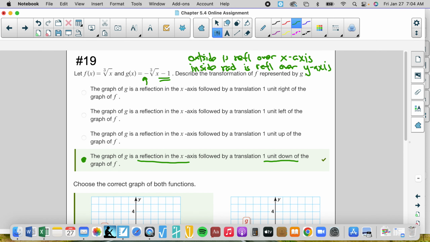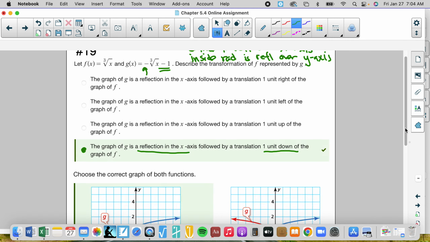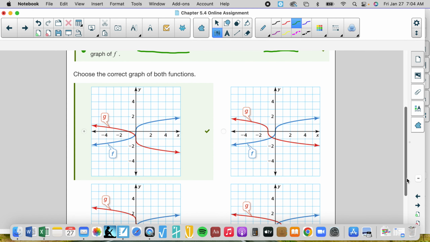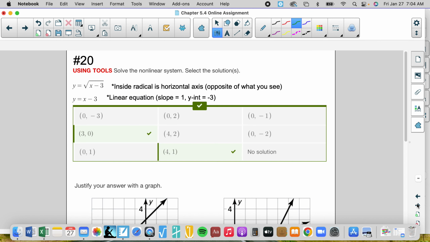Okay, so we're going to reflect over the x and go 1 unit down. Blue is the parent, red is the transformation. So we go 1 unit down. We see that point. So my answer would be G. It's going to be the reflection of the parent. Blue is the parent. Okay.